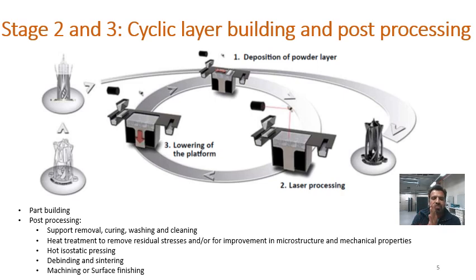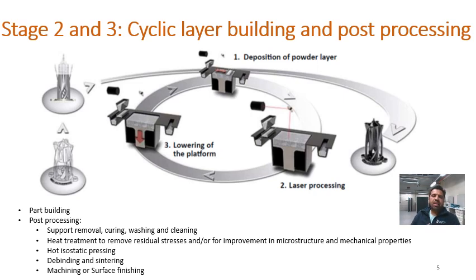The next stage after part building is post processing, and typically this stage involves removal of the parts from the build plate and removing the support structures. In some cases, like in stereolithography, it includes curing, washing and cleaning of the parts.